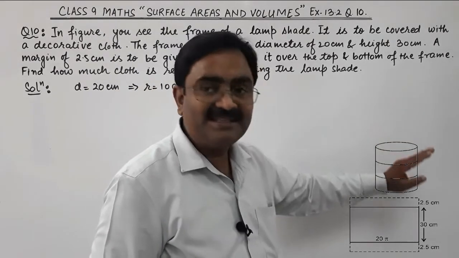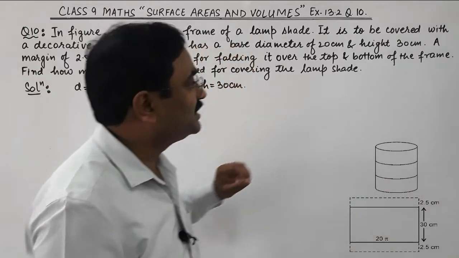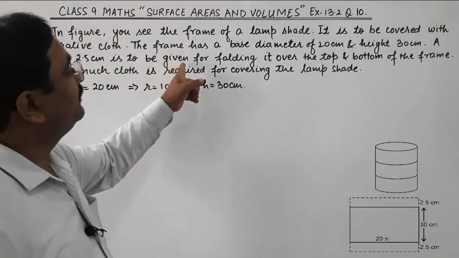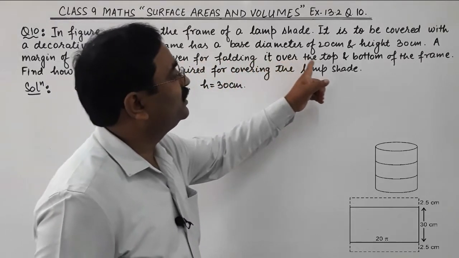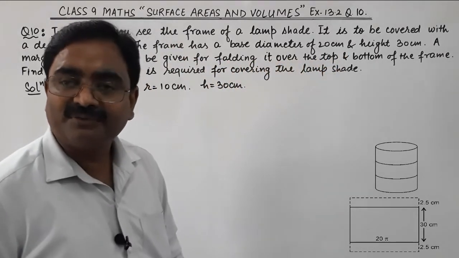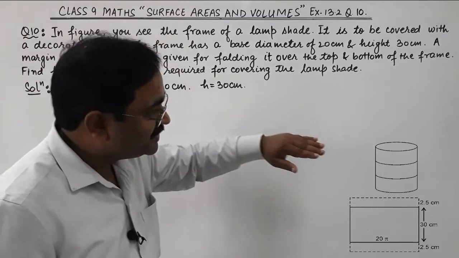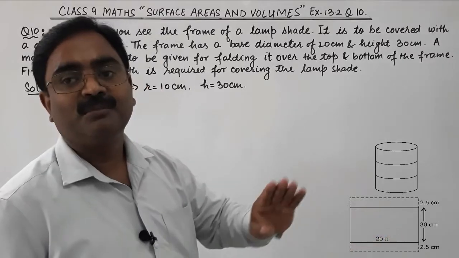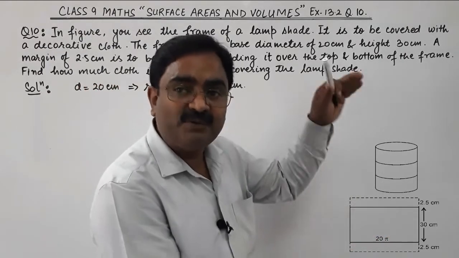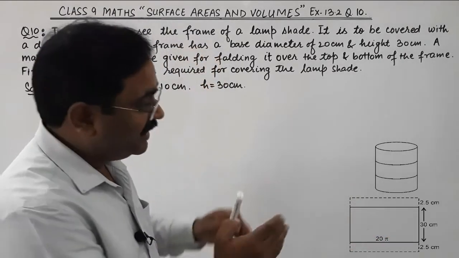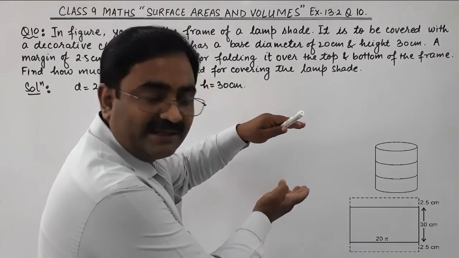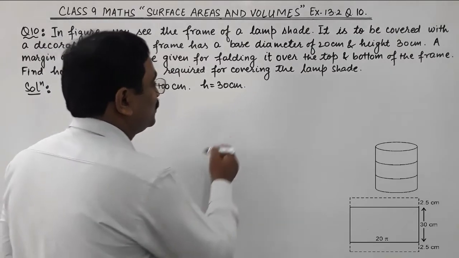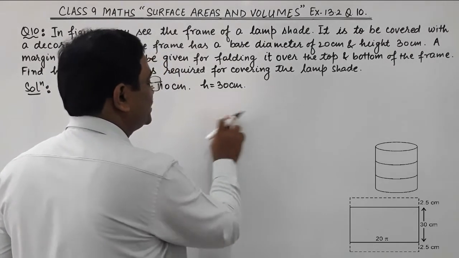and 2.5 centimeter to the bottom. What is given? A margin of 2.5 centimeter is to be given for folding it over at the top and bottom of the frame. Means 2.5 centimeter at the top, 2.5 centimeter to the bottom. Means how much height is required? 5 centimeter. So this height is going to be changed.